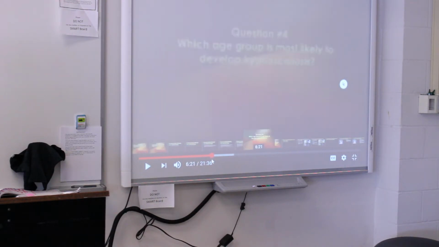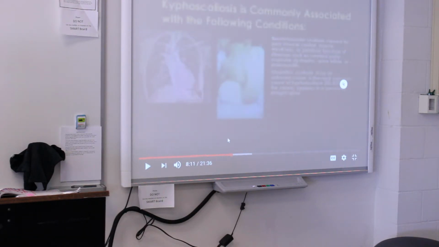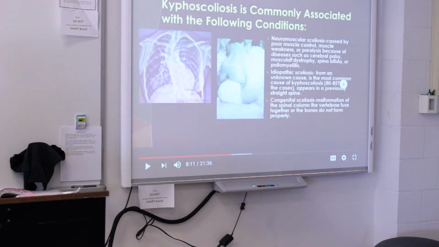Okay, so we may have some other questions about this. This is a very severe case right here. This is the patient's diaper or undergarment, and then there's the curvature. That's very, very severe. And also an AP curvature right up here.